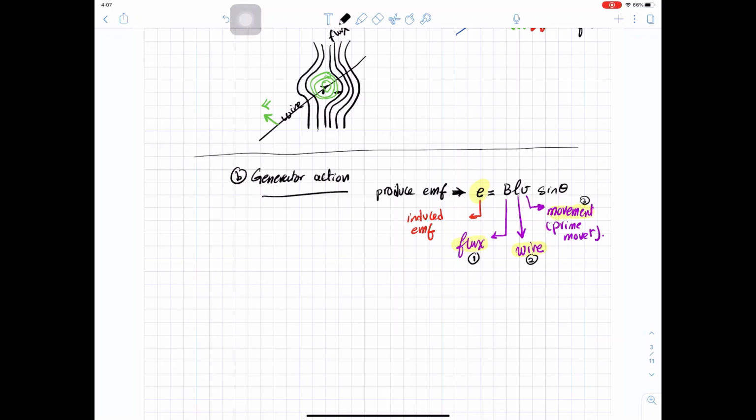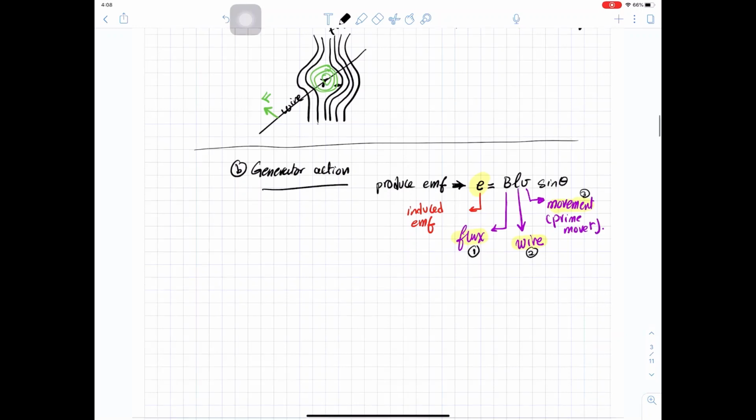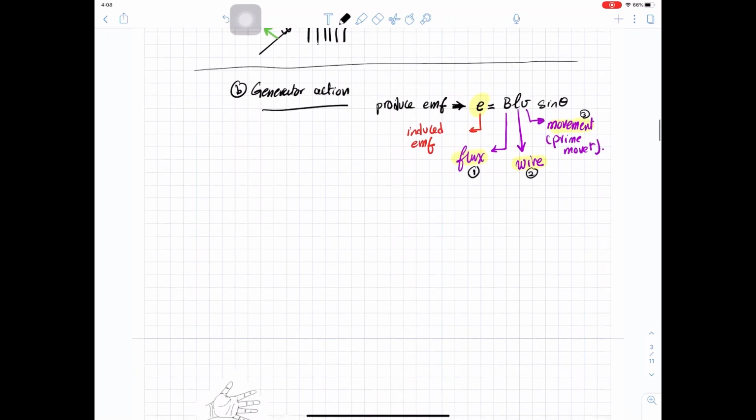If you have a wind turbine or wind generator, the generator is coupled with the wind turbine, so you can get the mechanical movement. So simply to build a generator, you need a flux or field, a source of field, and you need wire with length L, and you need to move this with velocity V.